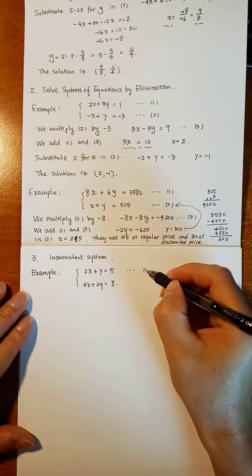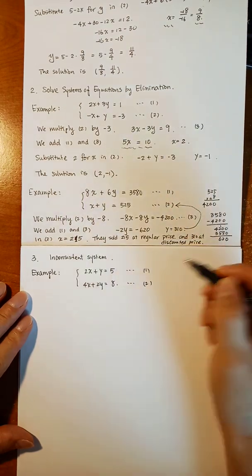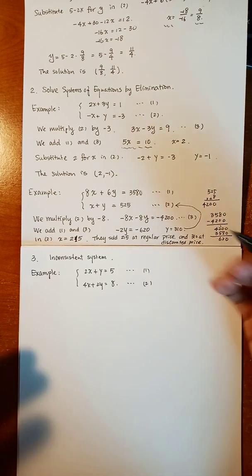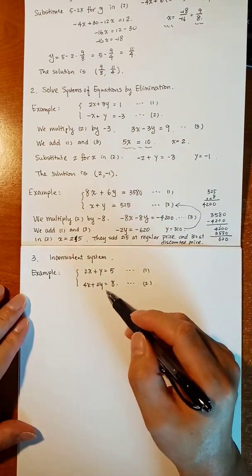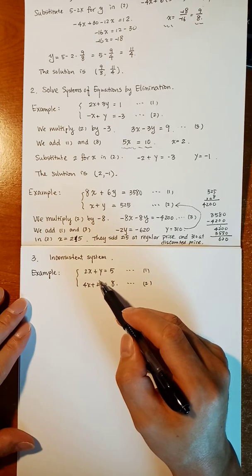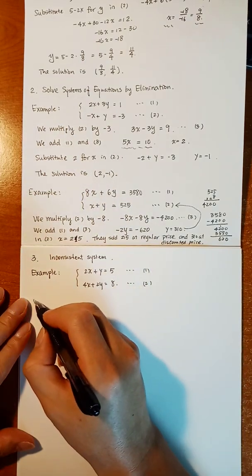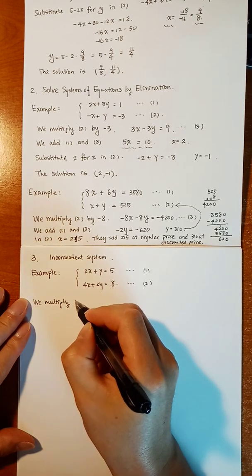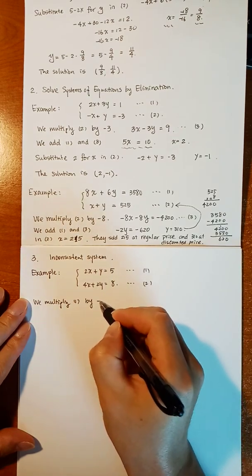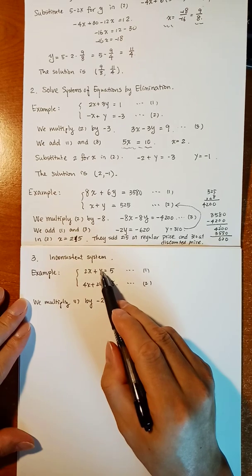All right, so you can use either method. You can use elimination or substitution. And here, let's try to use elimination. We are multiplying equation 1 by -2. You see, 2y.